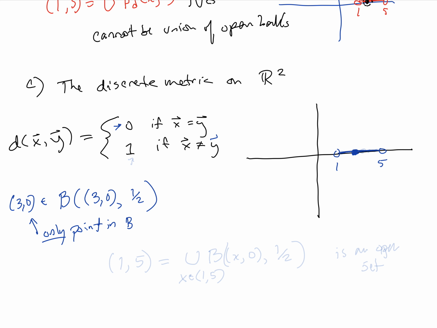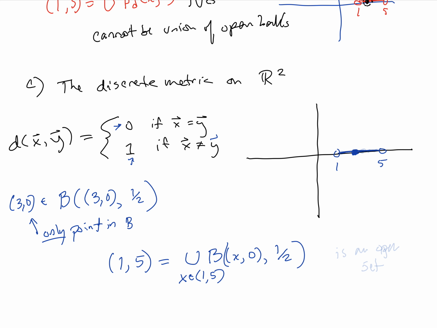And so therefore, this open line segment in the real line, (1, 5), is equal to a union of balls of the form (x, 0) with radius, again, we could use 1/10 or 0.3 or whatever, any radius as long as it's strictly less than 1, or less than or equal to 1 even, for x in the interval from 1 to 5.